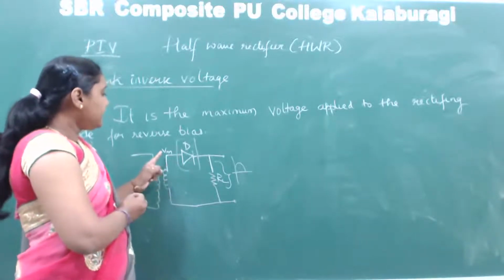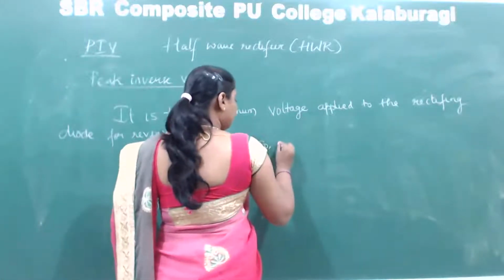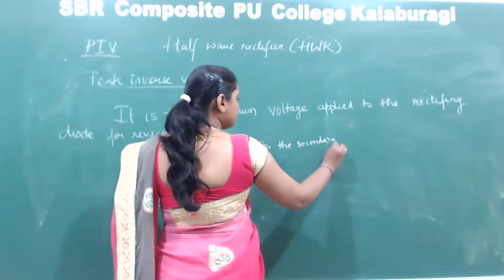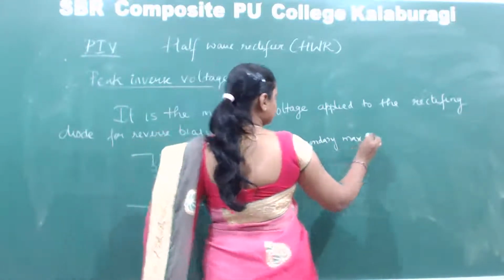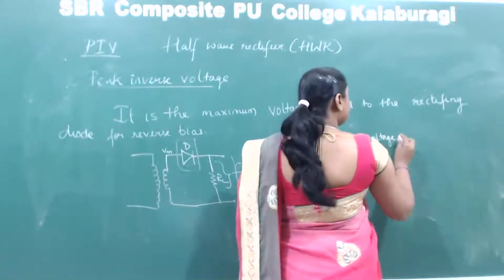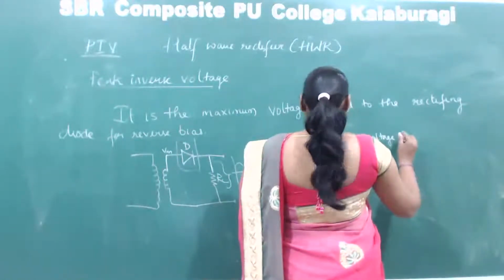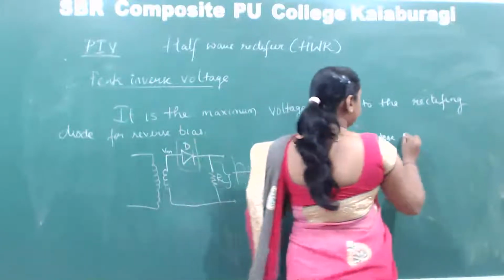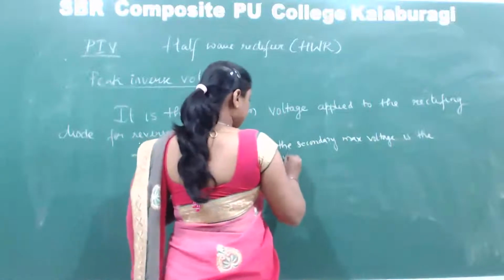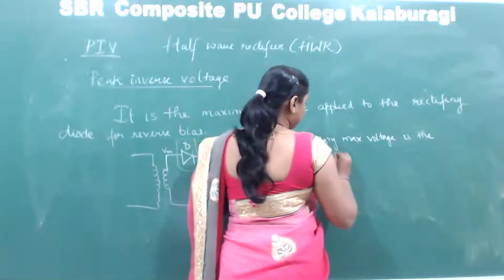That means the secondary maximum voltage Vm is the peak inverse voltage for the half-wave rectifier.